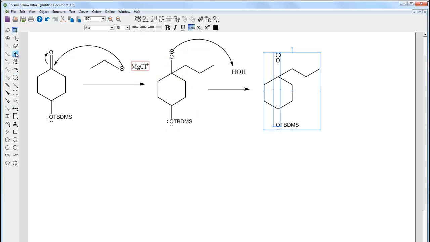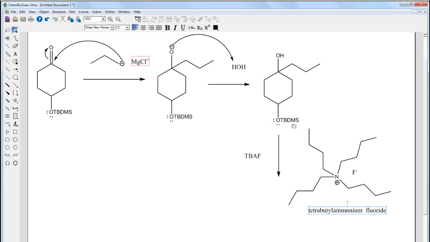So now, by protecting my alcohol that I had down here as a silyl ether, I'm able to react my ketone with a Grignard reagent or any organometallic to add the alkyl group and reduce my ketone to an alcohol. Now, once I get there, I want to deprotect this. To remove this silyl ether and get our alcohol back, we need something that's going to react with the silicon.